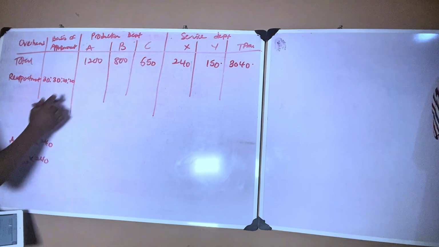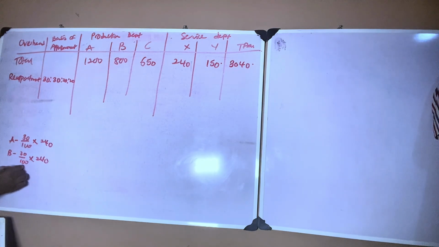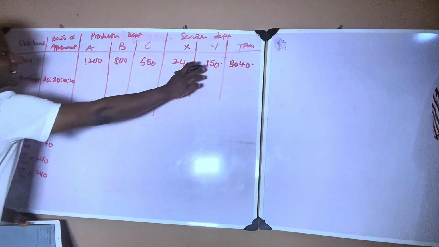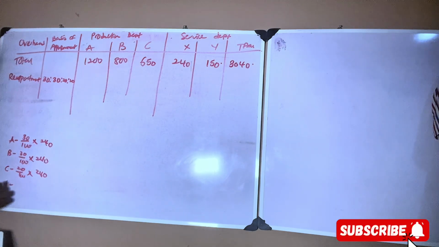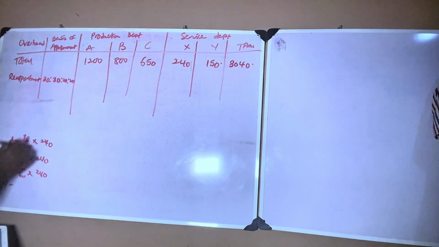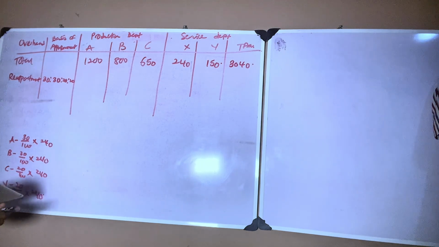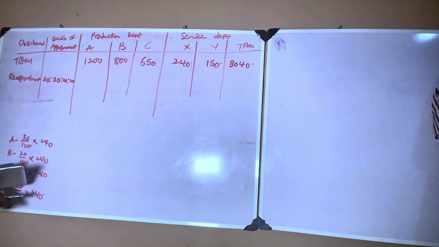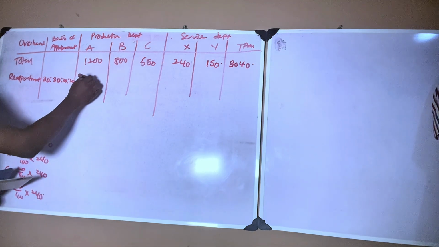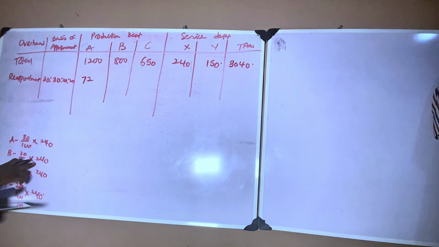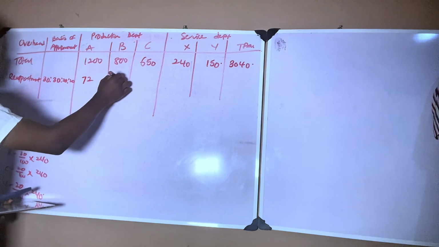For department B, 30% times 240. For department C, 20% times 240. For service department Y, 20% times 240. If you press that in the calculator, this will give you 72. 30% of this will also give you 72.